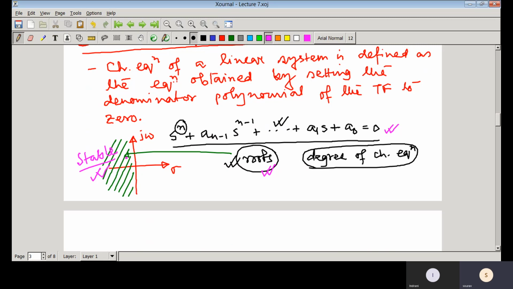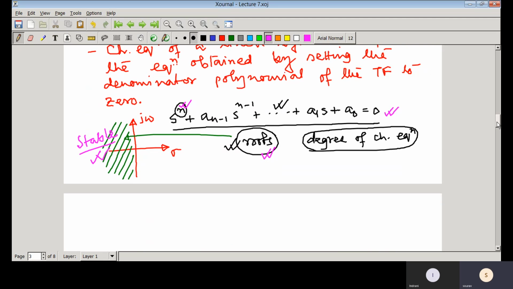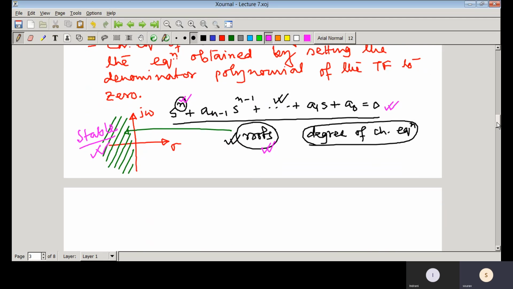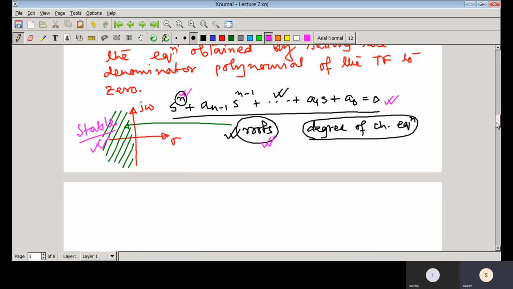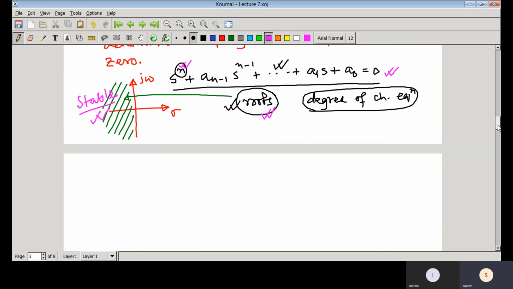Another point is that you find the maximum degree of that polynomial. The maximum degree is n. This n is called the order of the system, because in the last few classes I have used the terms first order system and second order system. The order means the maximum degree of the characteristic polynomial: 1 in case of a first order system, and 2 in case of a second order system.